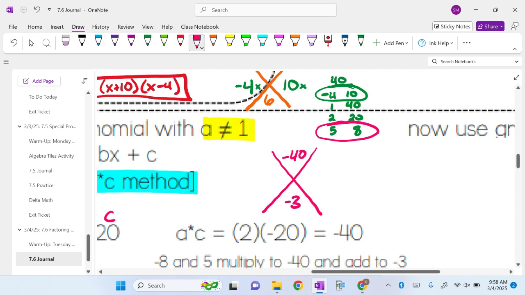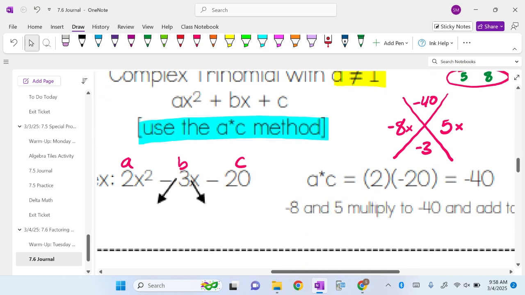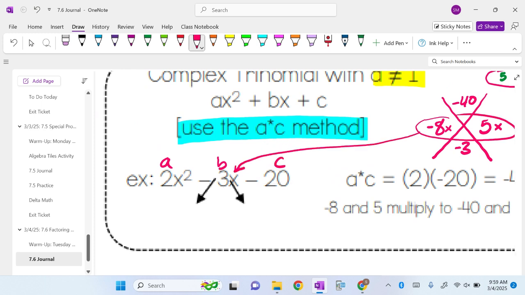Now, which one has to be the negative one? 8, because we want it to be negative 3. So the 8's negative, the 5's positive, and I'm going to throw an X after it. So that means we're going to take these two factors and split the negative 3x apart. If I rewrote this, it's 2x squared minus 8x plus 5x minus 20.